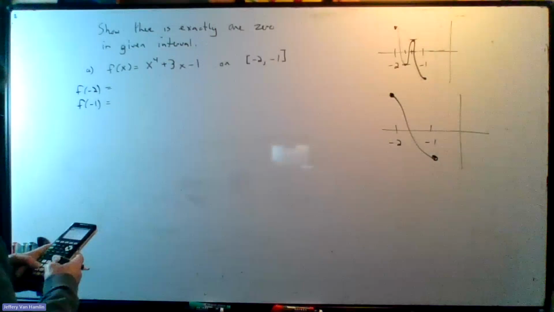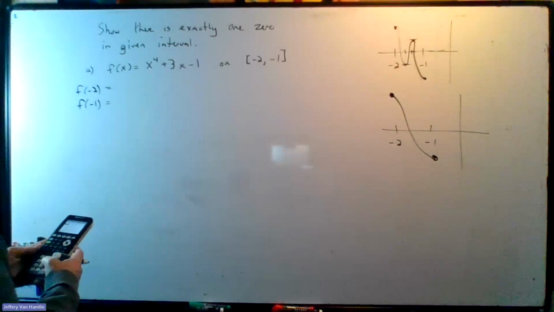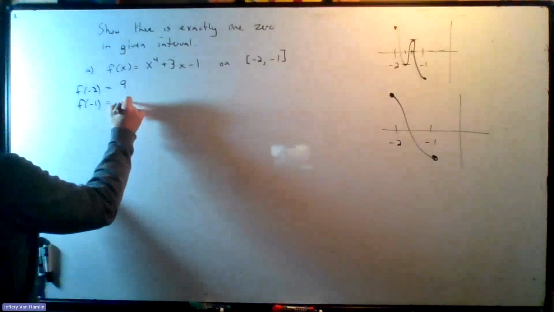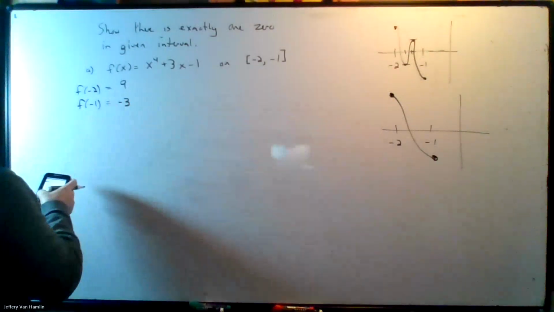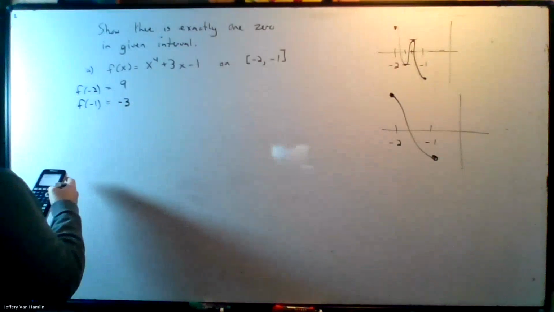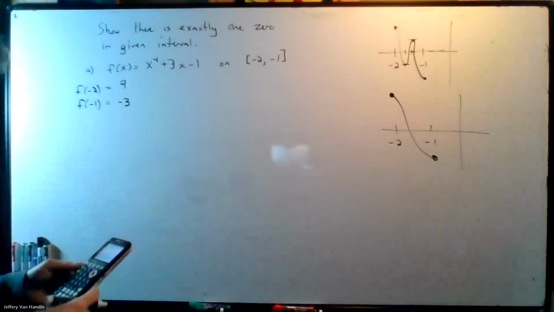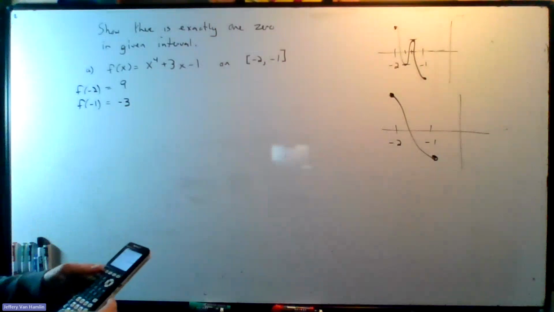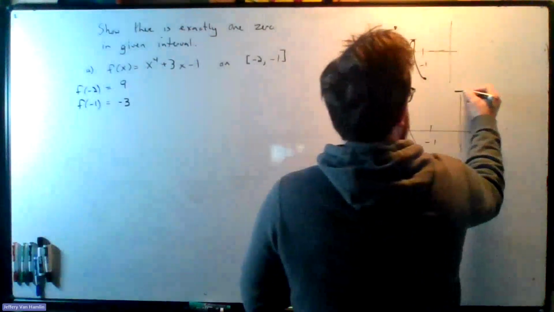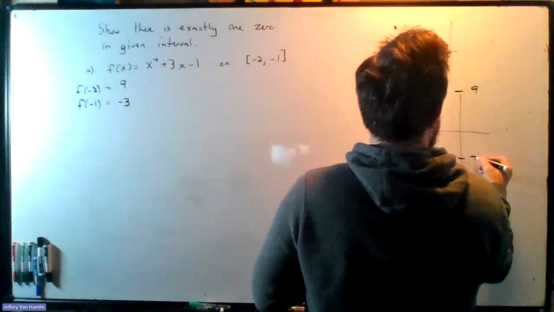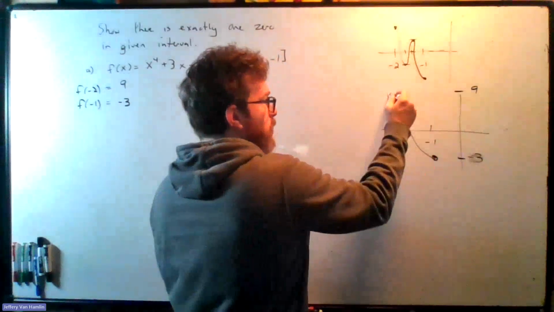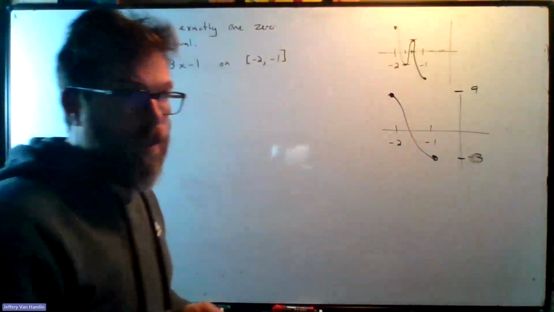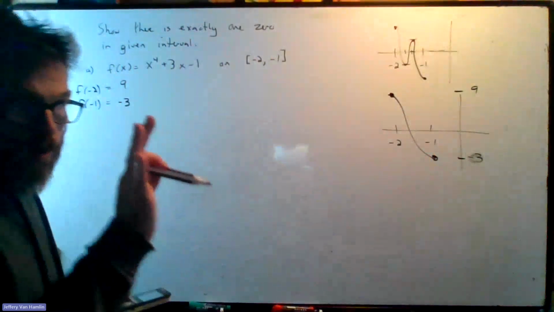Let's go -2 and -1. At -2 we got 9, and at -1 we have -3. So this is 9, this is -3. I can see that it did change signs, so it does have to cross the x-axis at least once. Now I just have to verify it crosses only once.